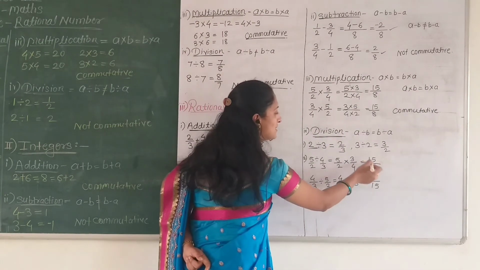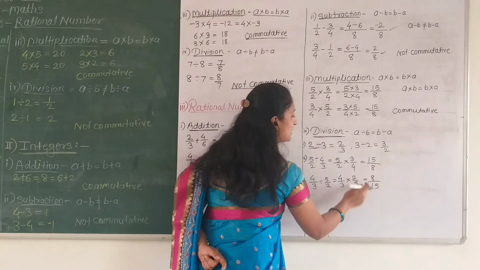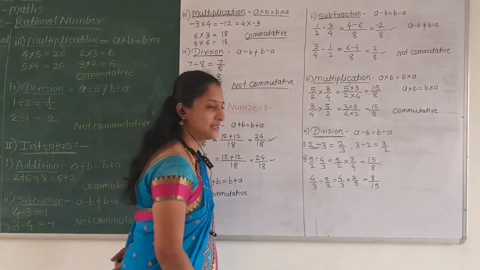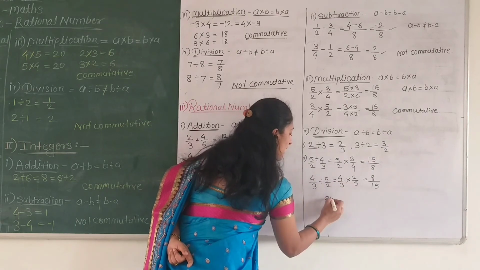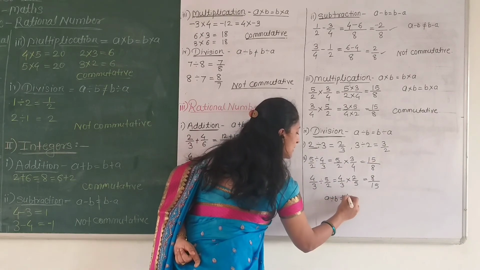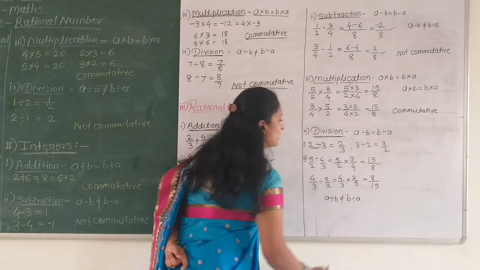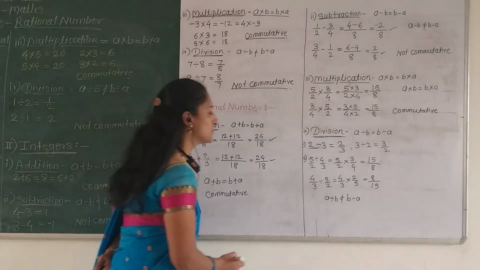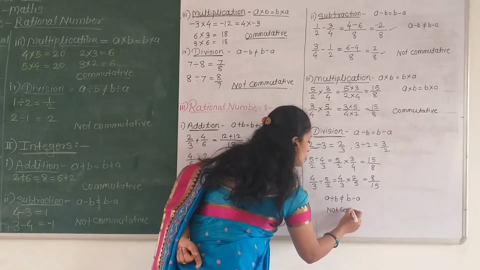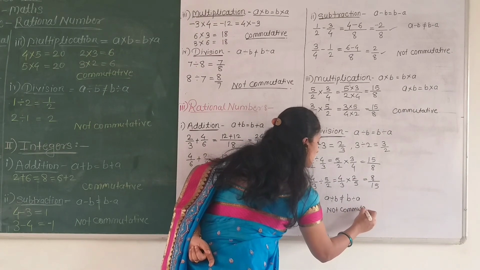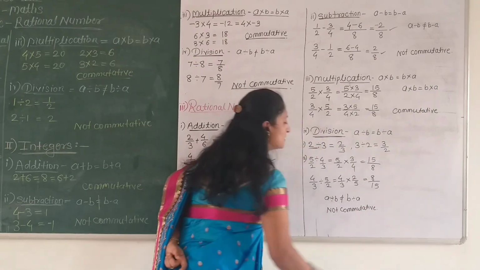That means the answers are 15 upon 8 and 8 upon 15, so the answers do not match. So A divided by B is not equal to B divided by A. This result shows that rational numbers are not commutative with respect to division.